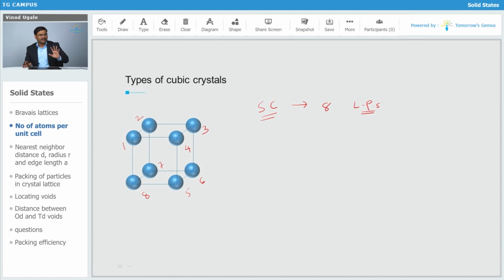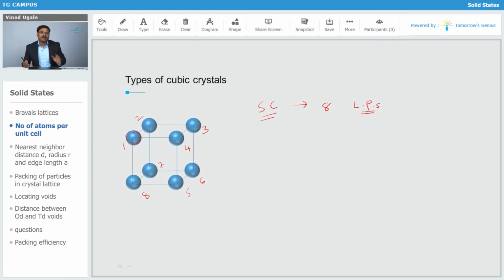Now let's determine the number of atoms in the simple cubic system first. We can see over here that this one particular particle is not part of one unit cell only. It is shared by other unit cells also. That one lattice point is not part of one unit cell only.